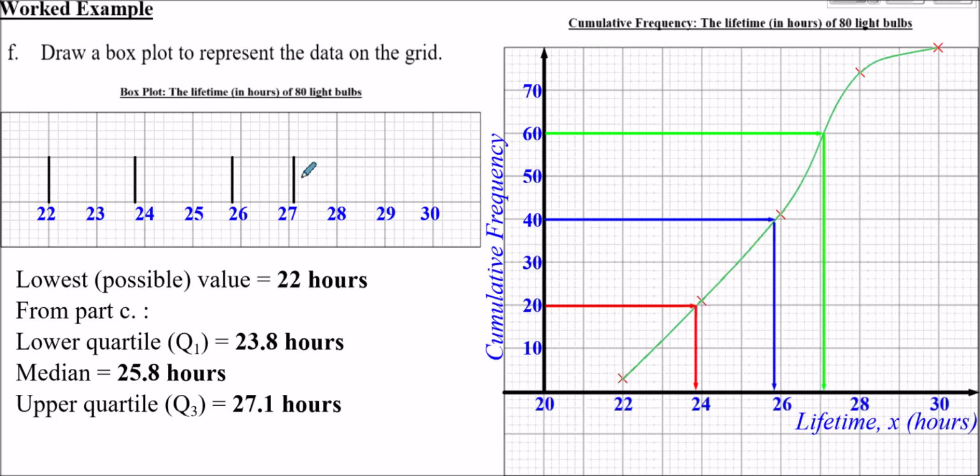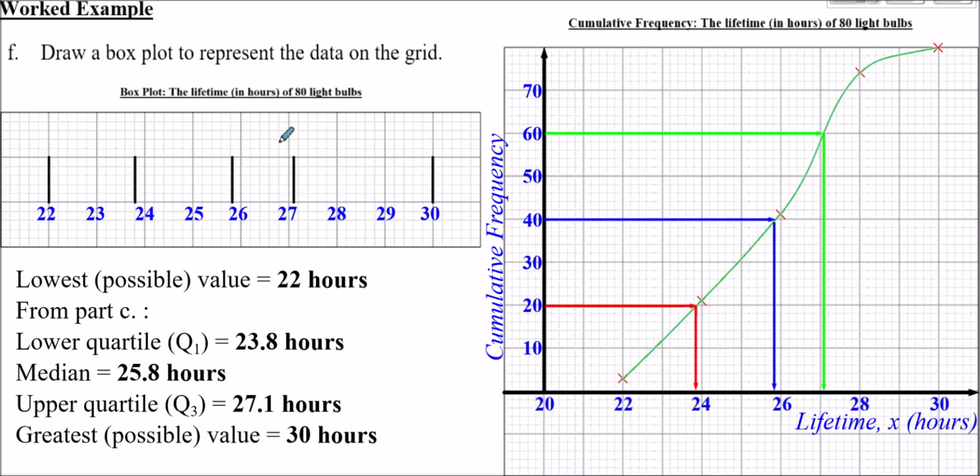Finally, the greatest possible value, according to the class intervals, would have been 30 hours. This is where the class intervals end. I'm not saying the greatest value was actually 30 hours, but we just take the maximum value at the end of the interval as our estimate for the maximum actual value.